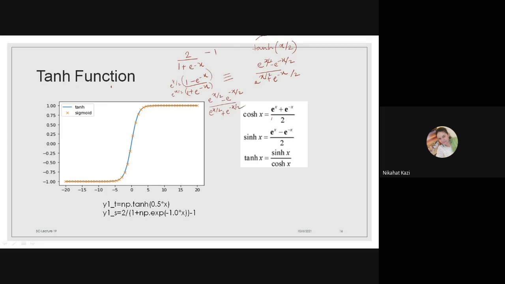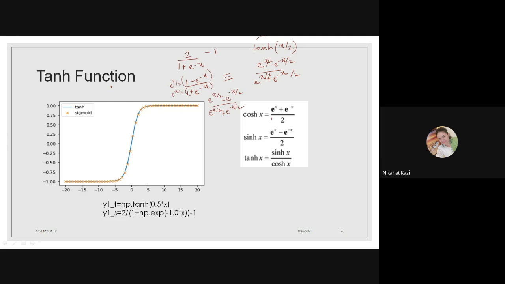Now you have got it. What is the equivalence? The sigmoid function of x is the same as tanh of x by 2. Instead of using the sigmoid function, which is a complicated formula, if you have tanh on the calculator, it will be faster.